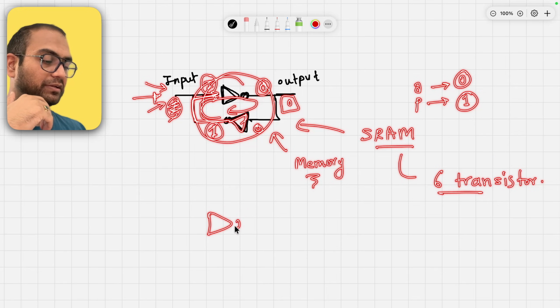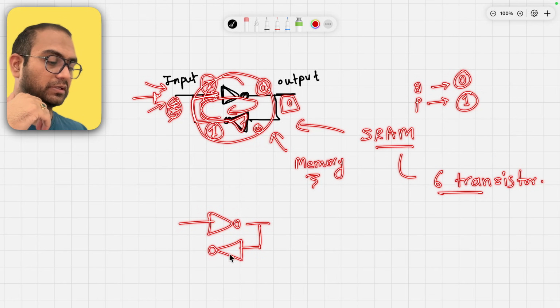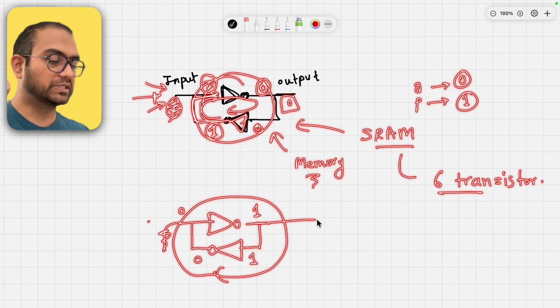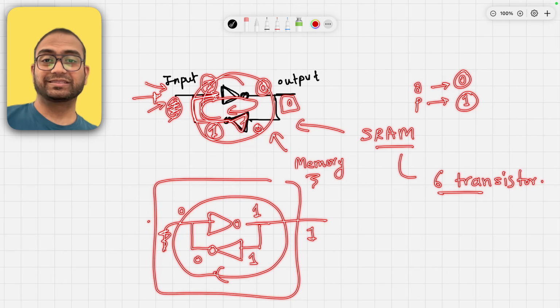Now let's take another case where we wanted to remember 0. This was the circuit. What we'll do is ground this and feed it 0 volts. So this becomes 1 volt. Now this is 1, so this is 0, and then we disconnect this line. Now all of a sudden, this circuit remembers that the output has to be 1. So in this case, it's remembering that the input was 0 and the output has to be 1.